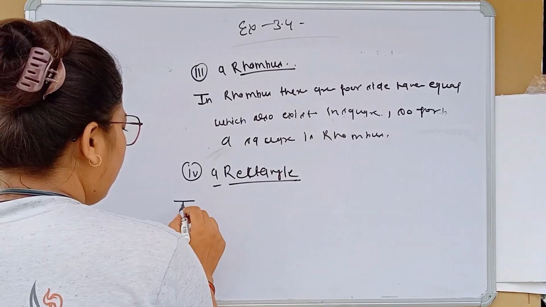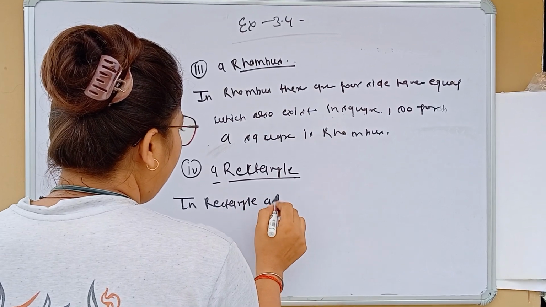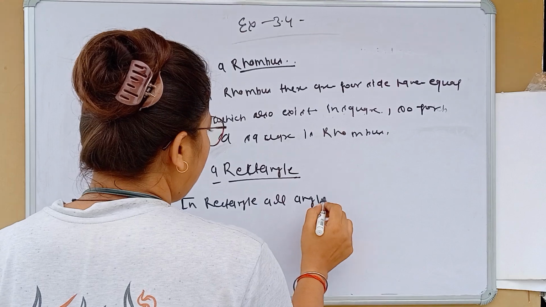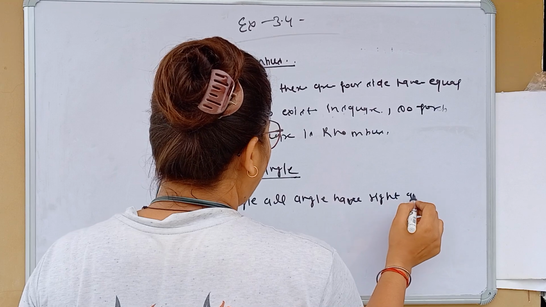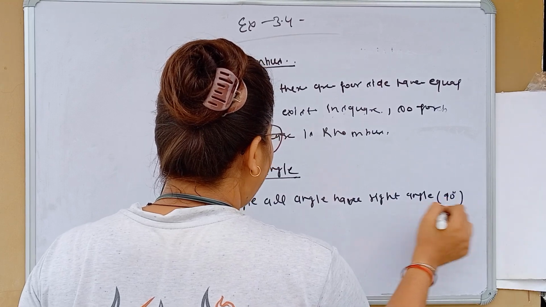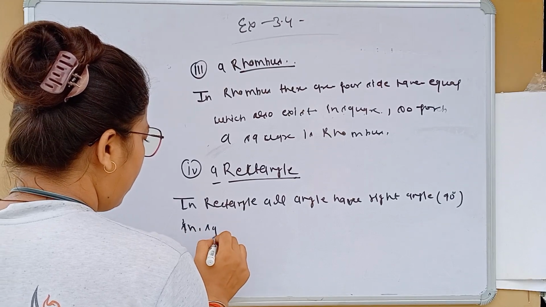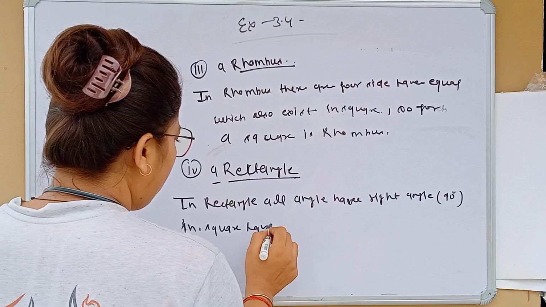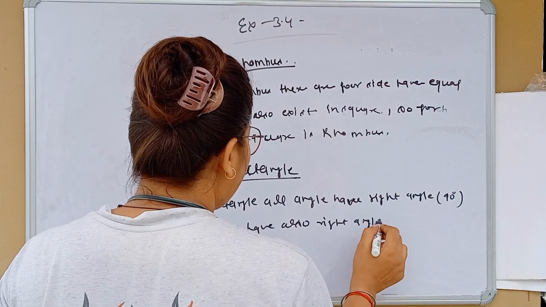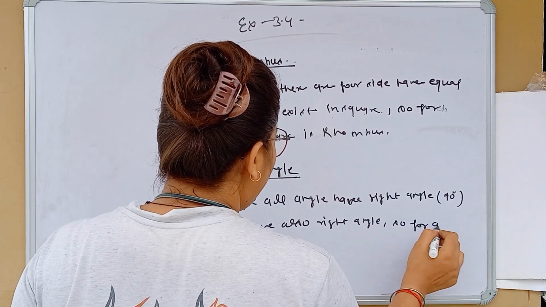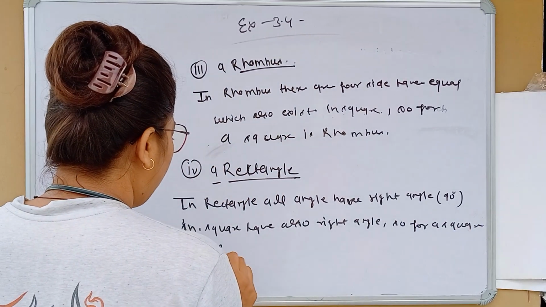In a rectangle, all angles are right angles, you can say in brackets that is 90 degrees. In a square also all angles are right angles. So a square is a rectangle.